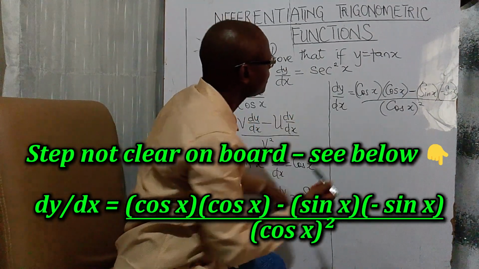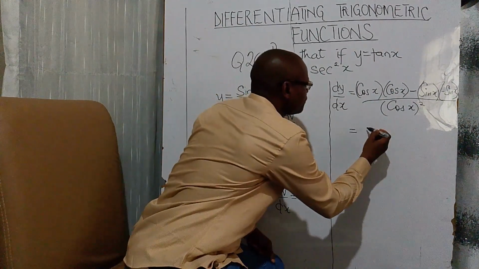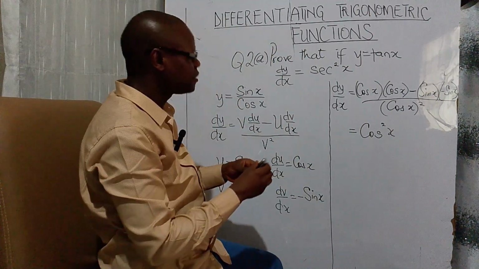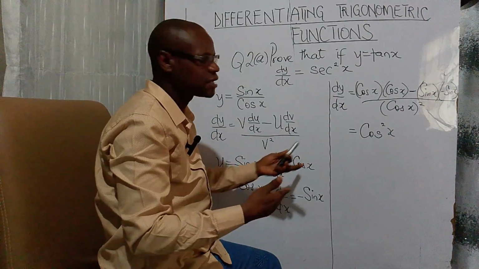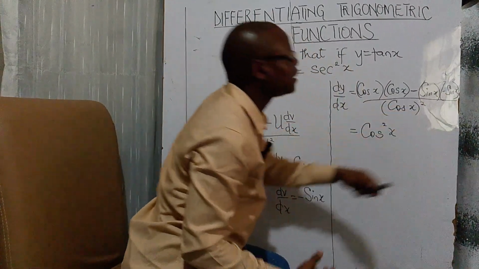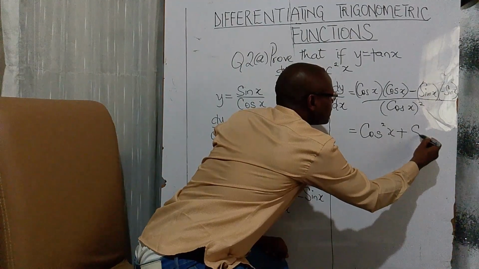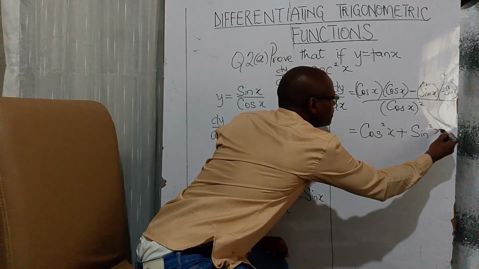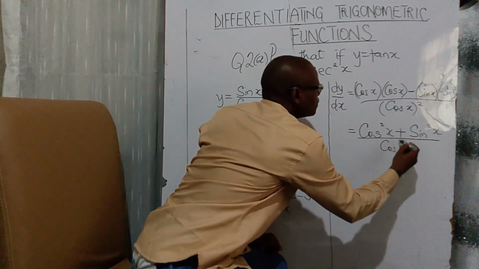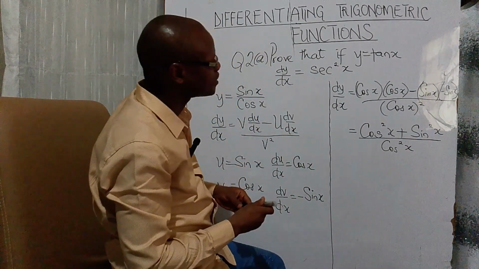Now from what we have here, cos x multiplied by cos x will give us cos square x. Don't forget that cos x all squared is exactly the same thing as cos square x. Our negative here, when we multiply the negative, becomes positive. So we have plus here, and sine x times sine x will give us sine square x. We use that to divide cos x squared, which can also be written as cos square x.